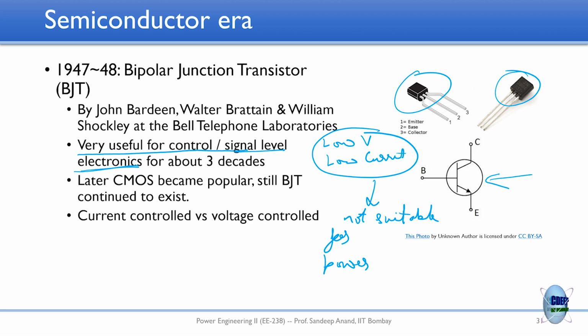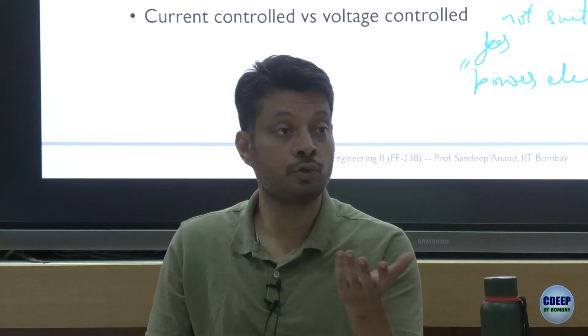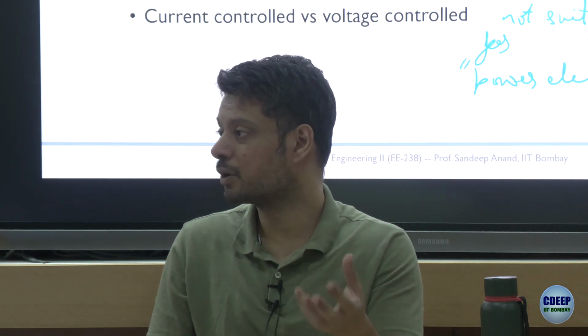These are not capable of doing that, so they are not suitable for power electronics. They were and are certainly suitable for regular electronics. So, you won't see much of BJT in this course. We can use BJT for control application, for signal application and so on, but not for processing power.